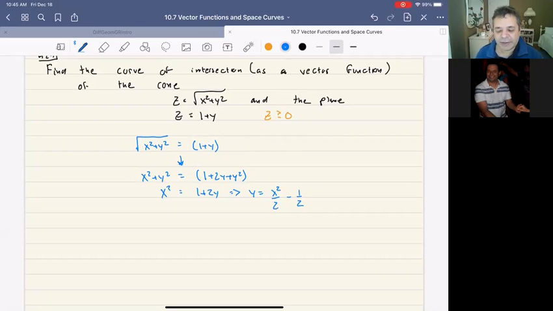Now we're going to write this as a vector function, so let's make a parameter. One of the things to think about, whenever I'm talking about a curve, is that curves are one-dimensional objects, and by that I mean one parameter. So curves have one parameter.